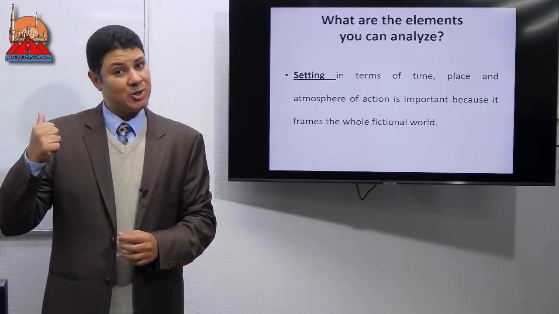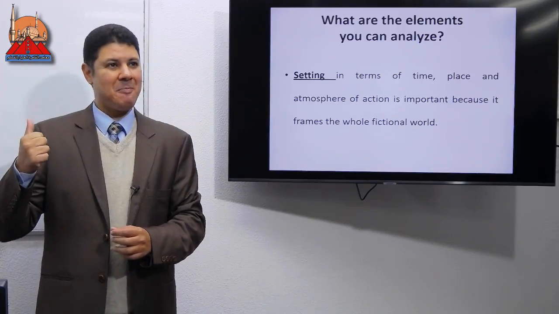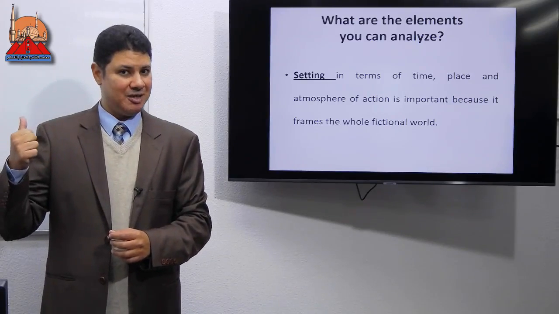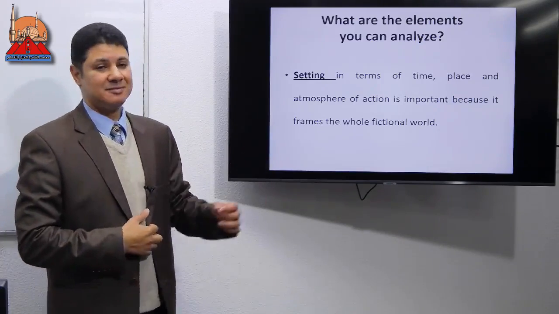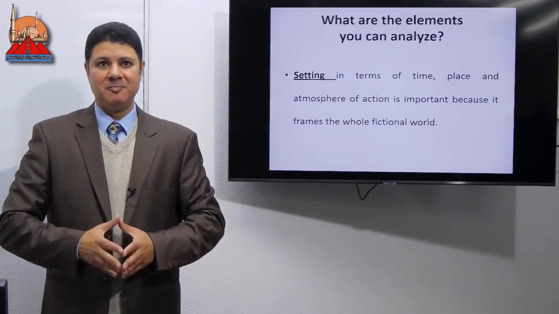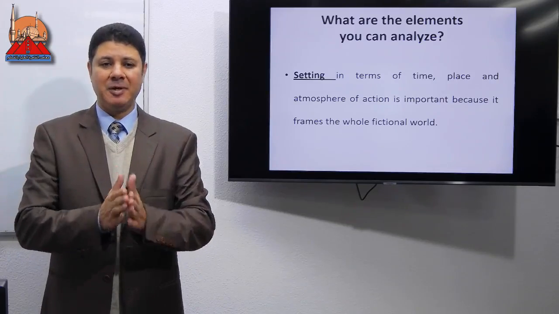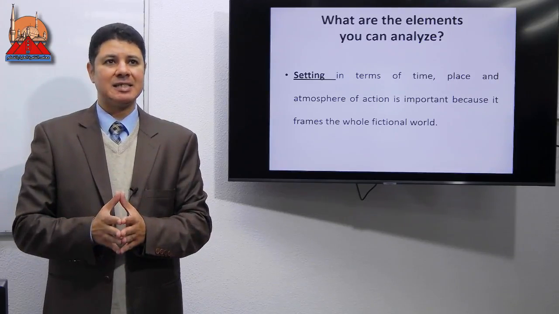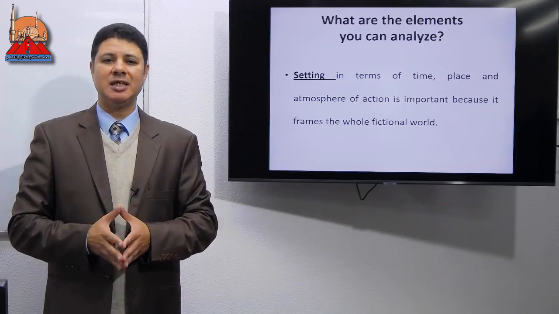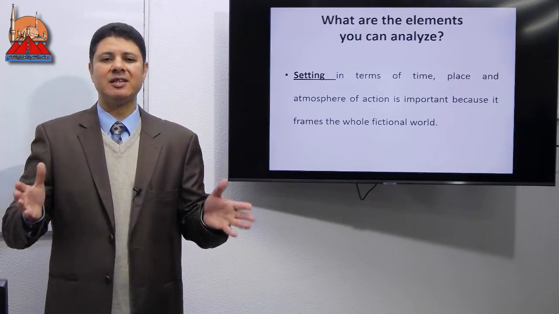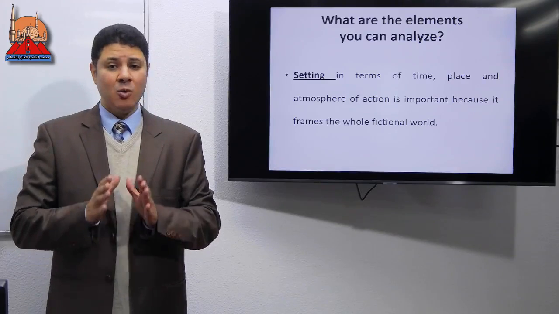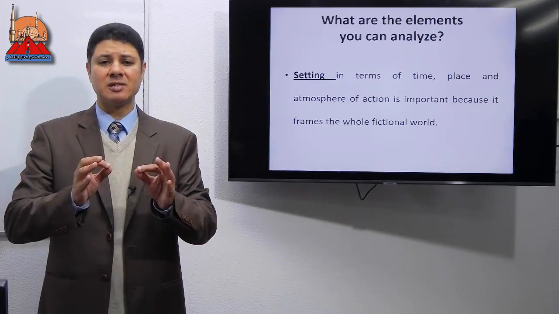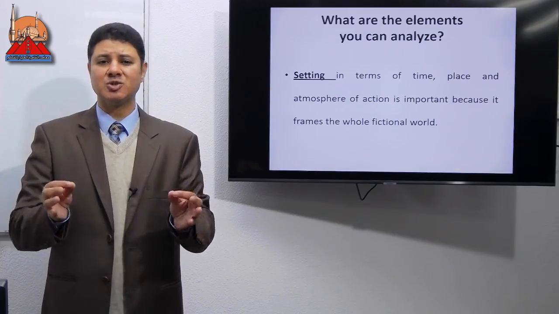And when we started talking about the terminology of drama, we spoke about setting. For example, if I have a play that was written in the 17th century England, okay, what is the importance of giving you this piece of information regarding time?